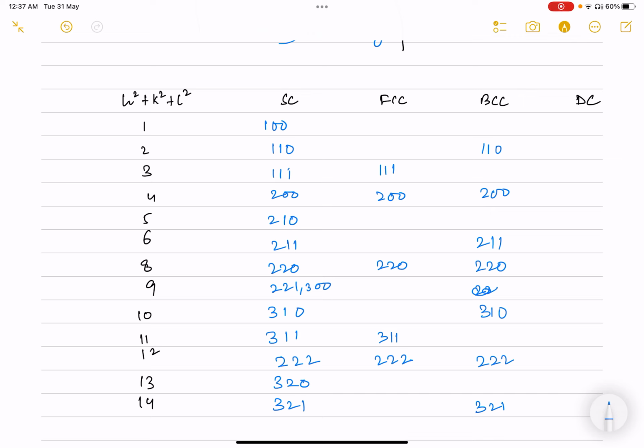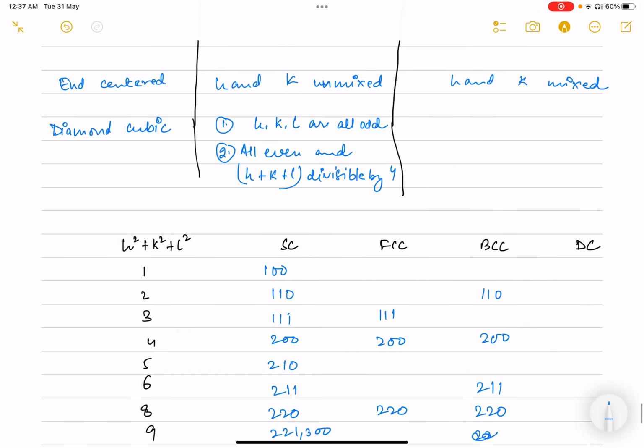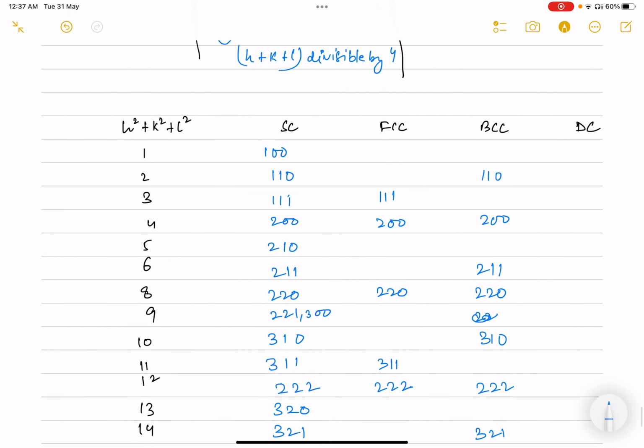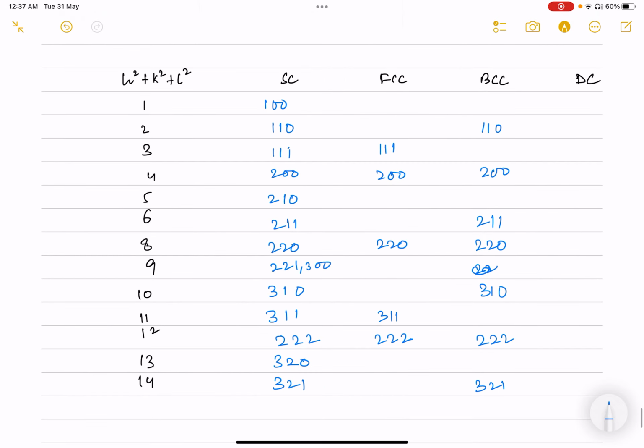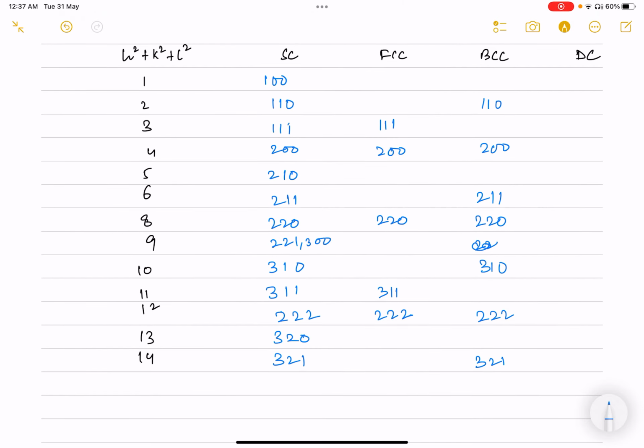These are for BCC. Then for diamond cubic we have either all odd, or all even with their sum divisible by 4. So all odd ones are present. Now all even but not divisible by 4 is not present. Now all even, this is 220 and it is divisible by 4 as well.